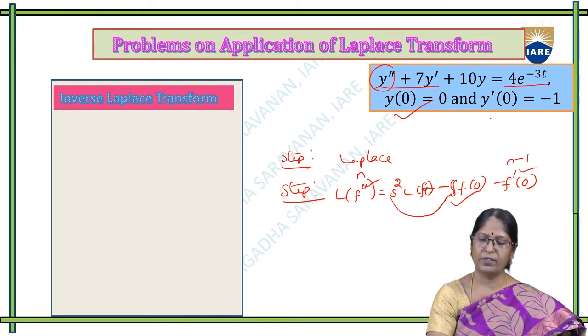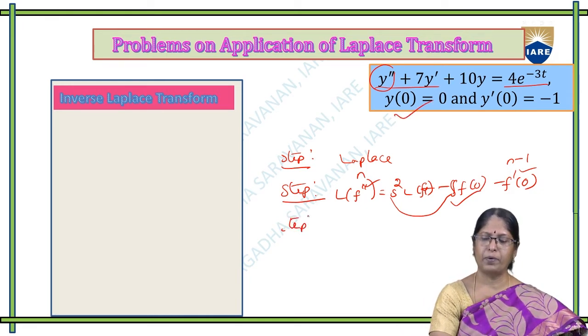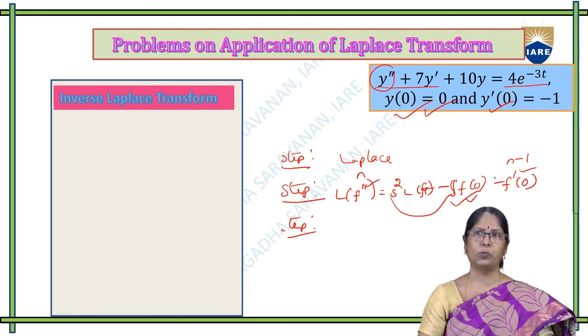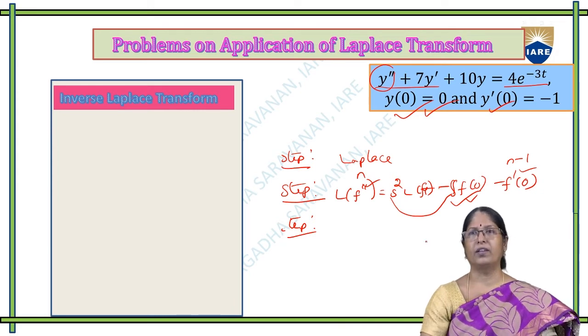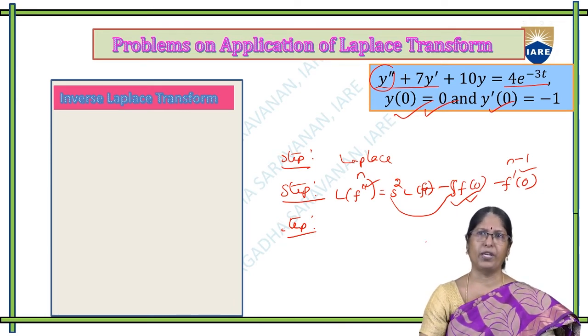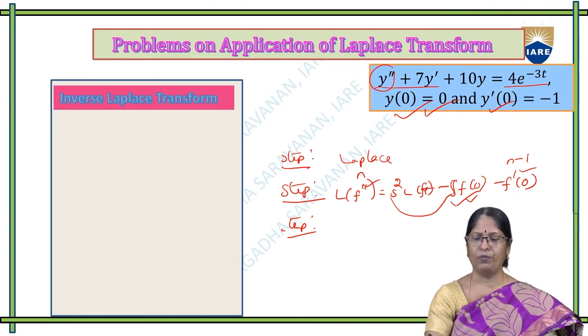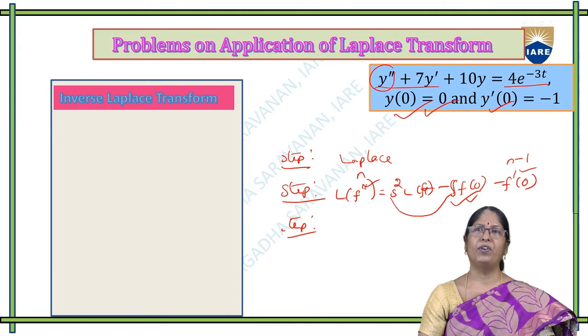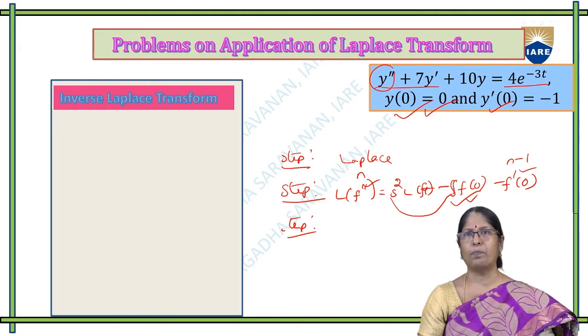Then the next step, we will substitute the initial values in the particular places. Then we will get a simple equation in terms of L of f. There we will apply inverse Laplace transform rules.